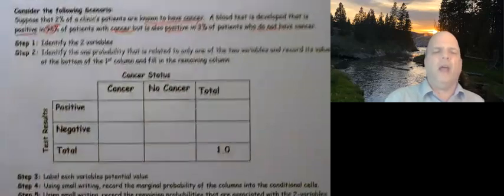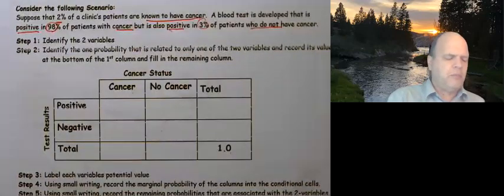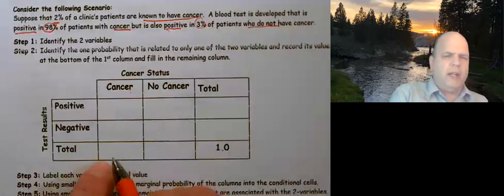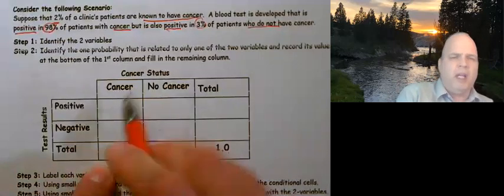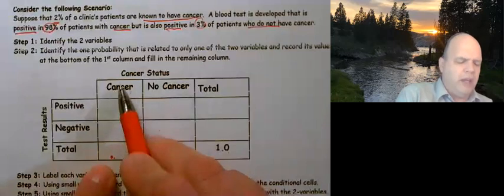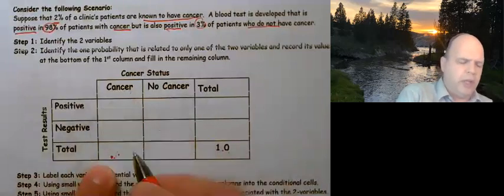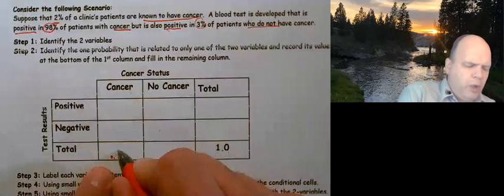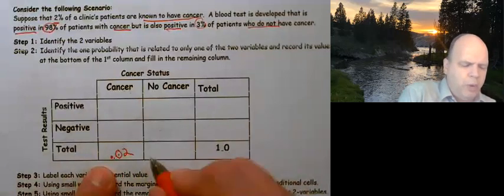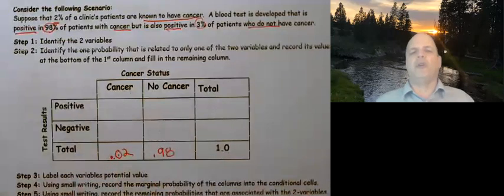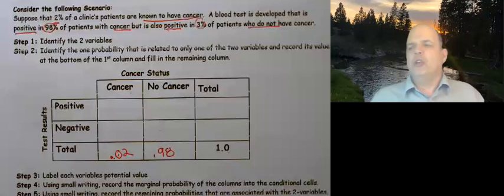So they know that 2% have cancer. So we're going to write that number here because this is the cancer status. By the way, if we were making a table, we always put that number here, and then we build the table around it. So this is 0.02, and then 1 minus 0.02 is 0.98. So I can go ahead and fill those numbers in. Those are the big numbers, or marginals. I can write them large.